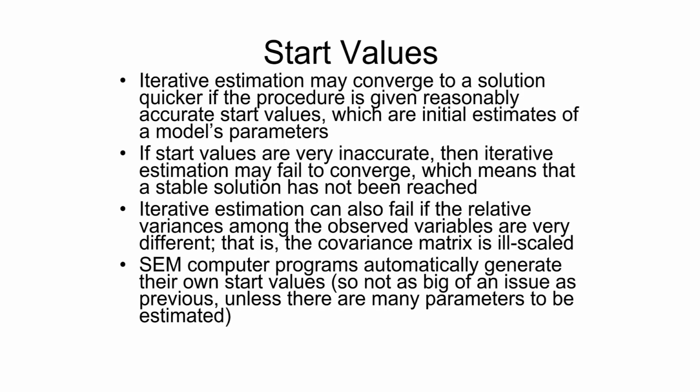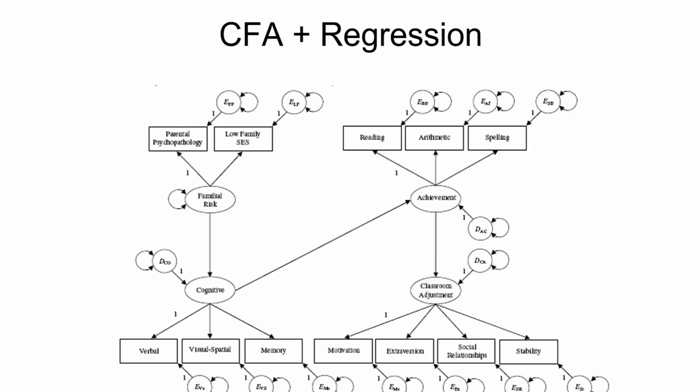It used to be that we'd have to create start values and kind of tell the software where to start their estimation, and it's a sort of an iterative process where they start their guessing, and then if they're close to it, they find it a little bit faster. We don't really have to do this that often anymore. I'll show you some examples where we might have to do that, but I put it in here just so we can know that sometimes we might want to do start values.